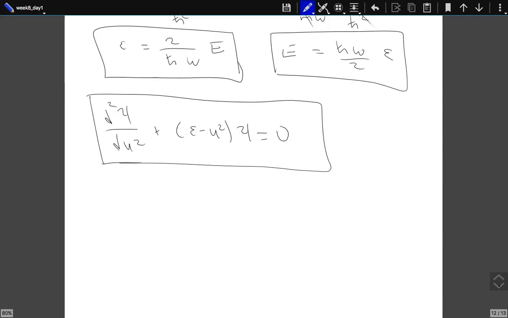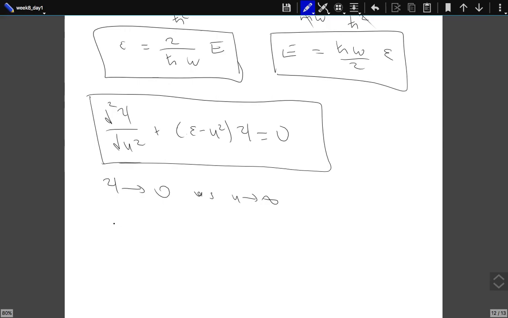Okay, let's solve this differential equation. Basically, what we know is we are looking for a normalized solution, so the wave function should go to 0 as u goes to infinity. So that is something we want. So let's look at how the solution of my differential equation behaves as u goes to infinity.